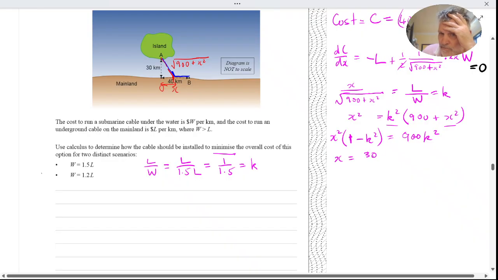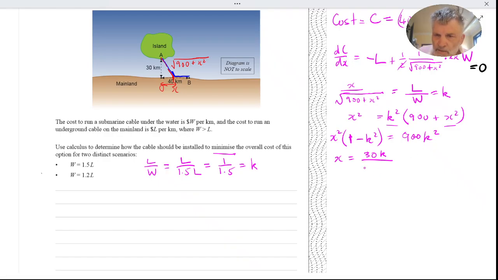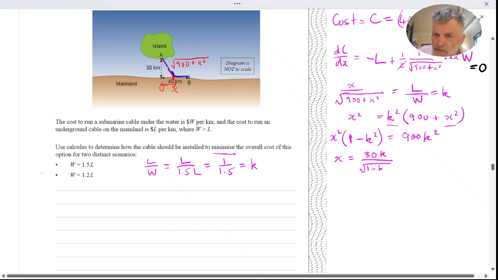So square root of 900 is 30. Square root of k squared is k. That's okay here because k is always positive. And the square root of 1 minus k squared. You can do more lines of working if you need to. And this tells us the value that we want for our x here.